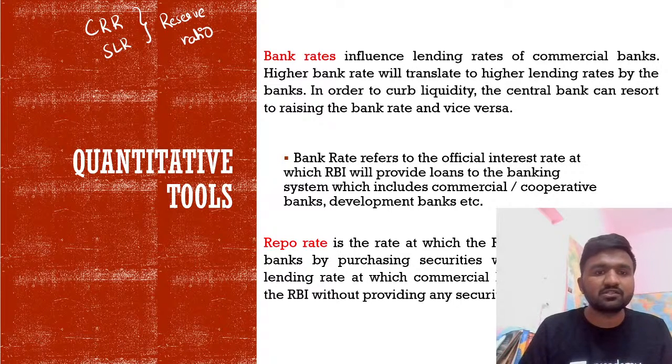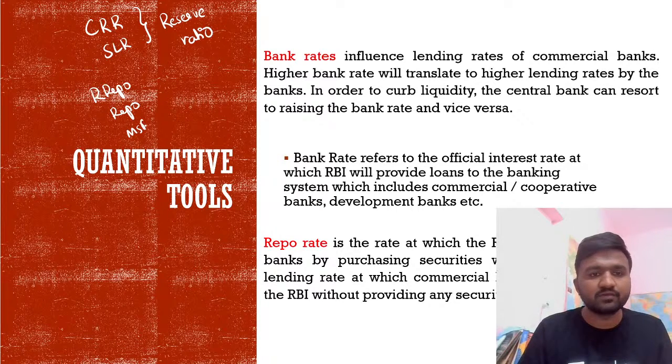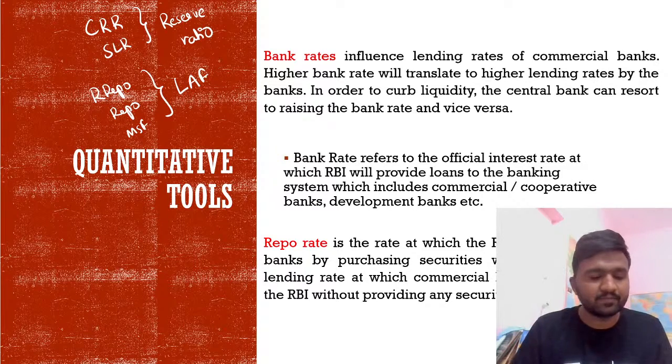And then we discussed reverse repo and MSF. These tools we call liquidity adjustment facility. We did 5 quantitative tools. Any doubts in these 5 quantitative tools? Any questions?